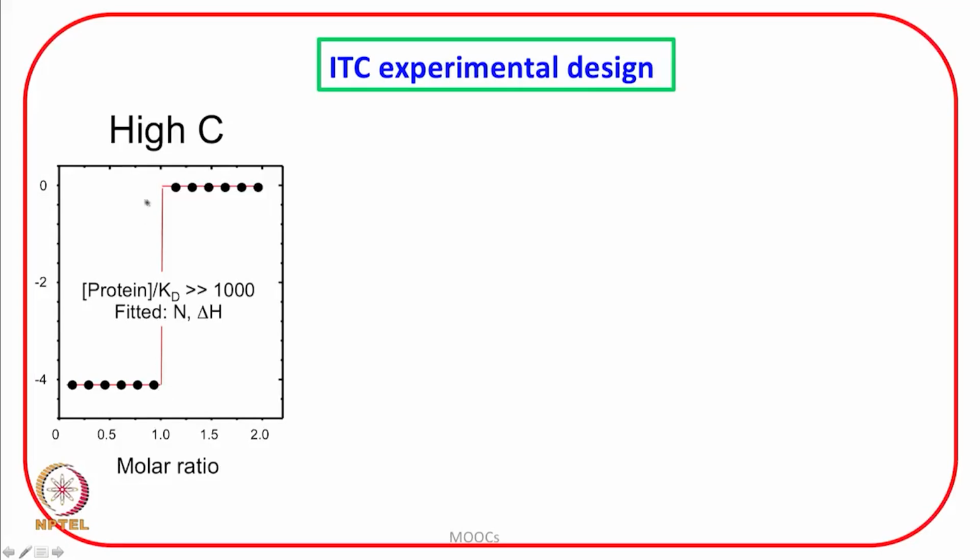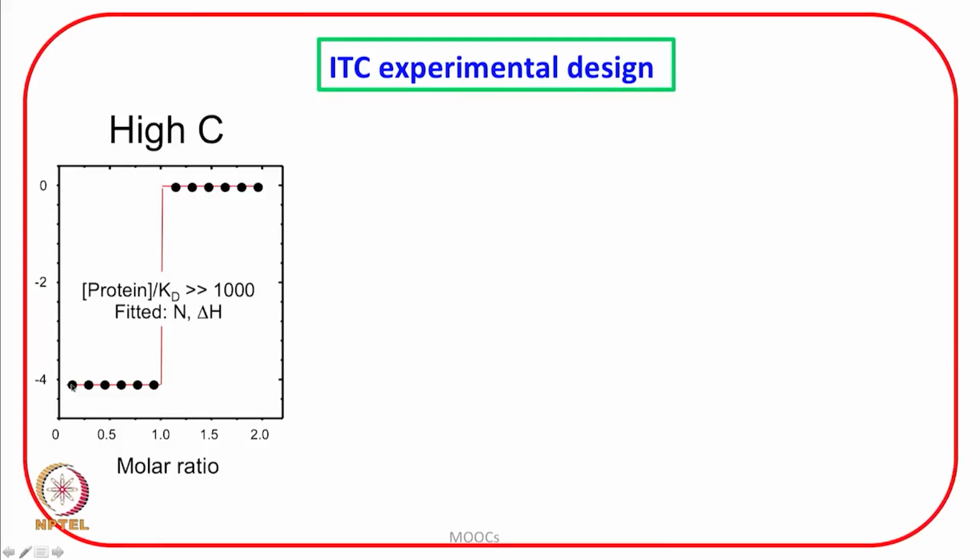That means all the information which is occurring in this range, where the binding is actually taking place or saturating the binding sites, is lost. Therefore, this kind of experiment is no good to extract the value of binding constant.